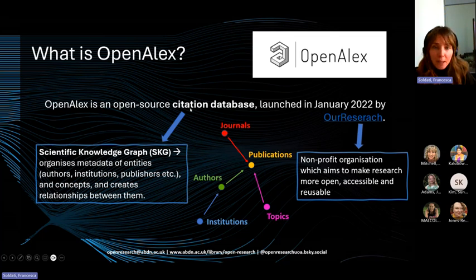But what do I mean by citation database? I discovered quite recently that the technical name for a citation database is actually a scientific knowledge graph. And basically why? Because a knowledge graph is something that organizes data from multiple sources.